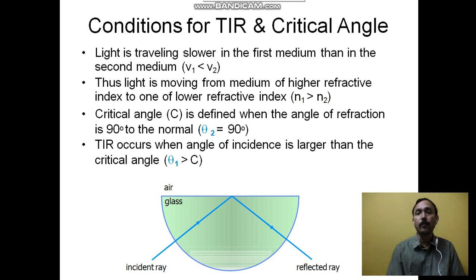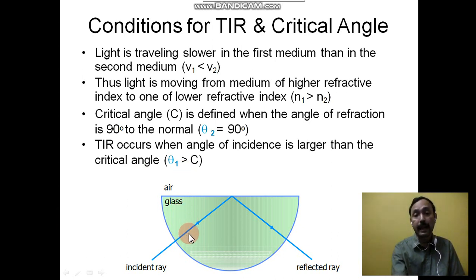So the condition for TIR and the critical angle is that light is traveling slower in the first medium than in the second medium. This is the first medium, this is the second medium, in this case.